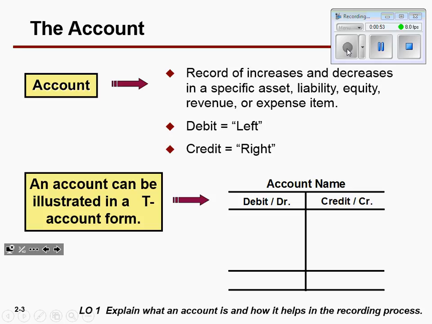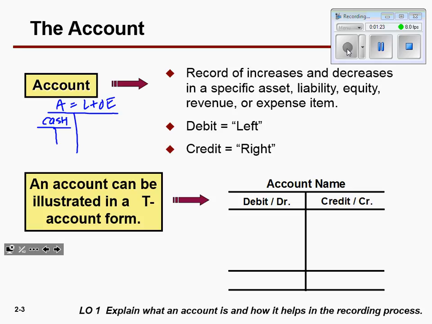Those four that I just mentioned are all considered accounts. So if I would list this, we know there's lots more under assets, but cash would be its own account that we eventually make into a T.